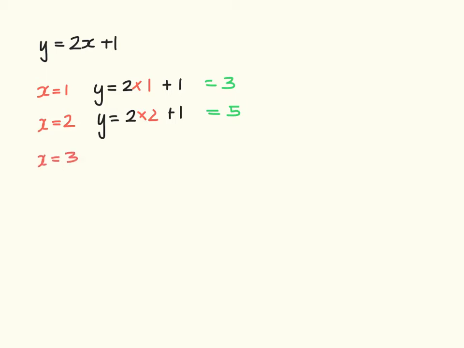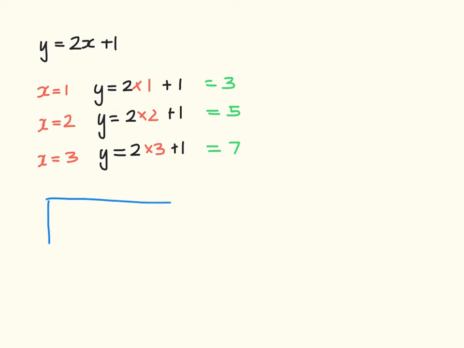And let's do one more. x equals 3. So when x equals 3, y equals 2 times 3 plus 1, which equals 7. So now what we're going to do is put this in a table of values.